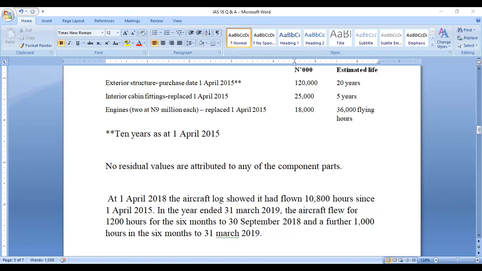What was the cost for exterior? $120,000. Then let's calculate the accumulated depreciation.